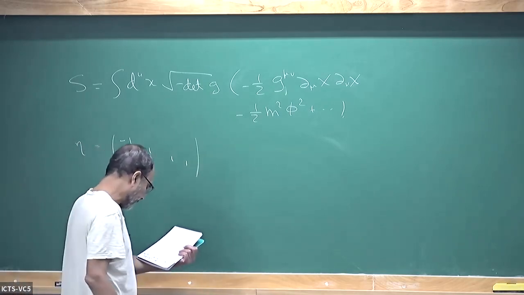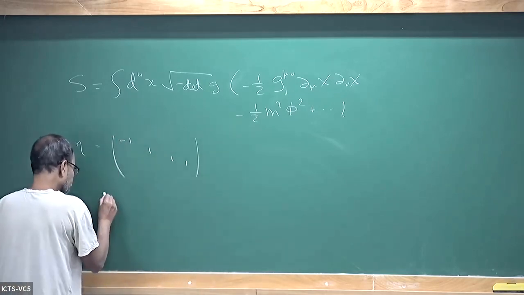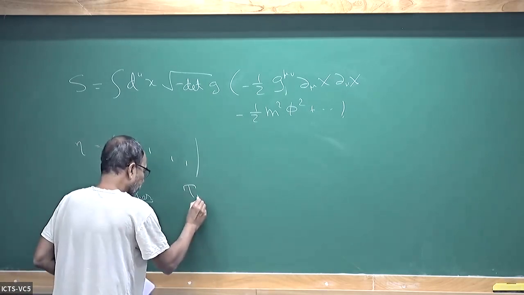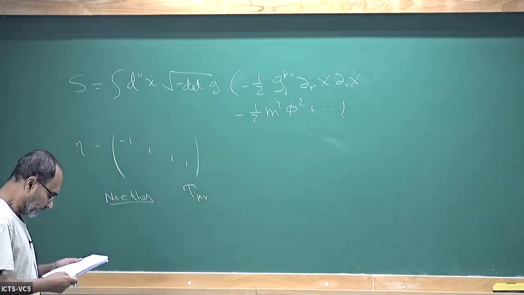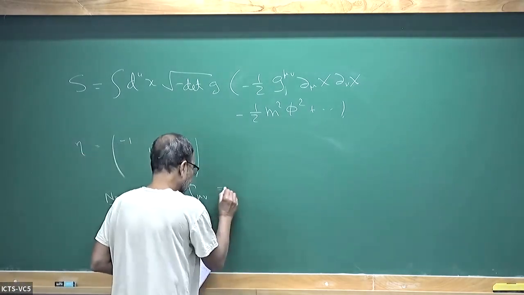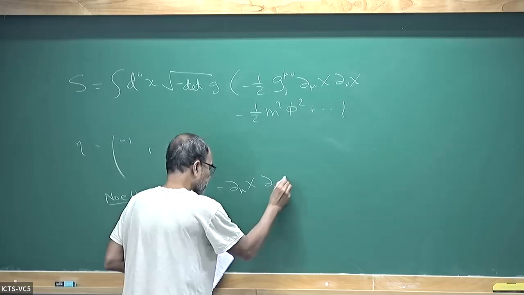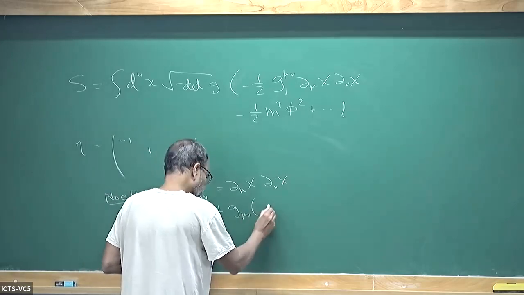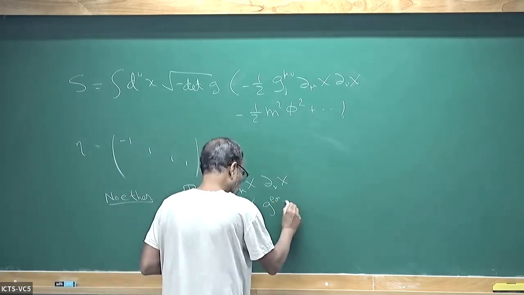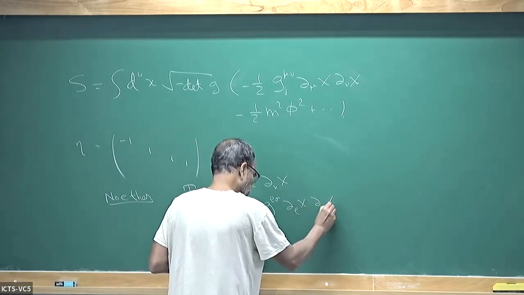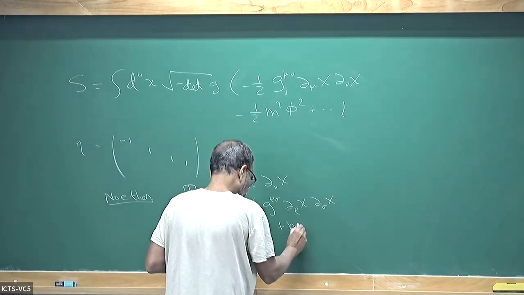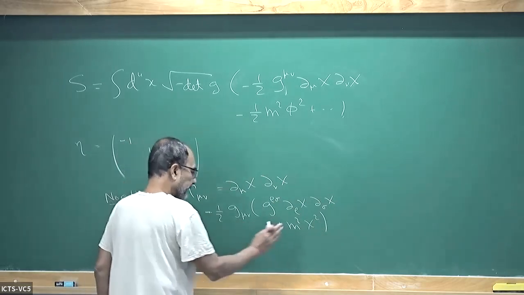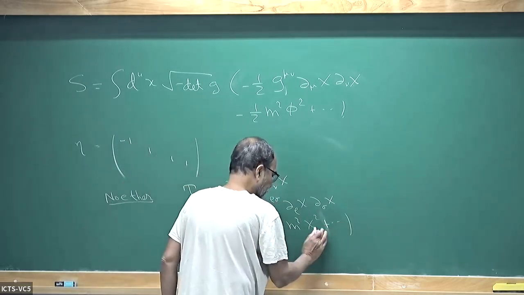From this we can calculate the energy momentum tensor using Noether procedure. I'll write down the expression, but this is straightforward. T mu nu, which is the conserved charge corresponding to translation invariance, is given as follows, and then there are other terms if there are potential terms.